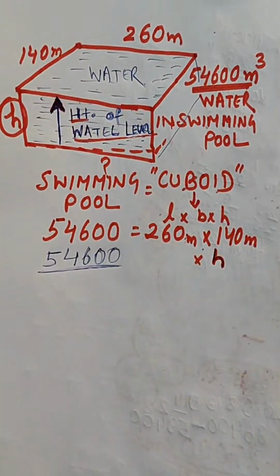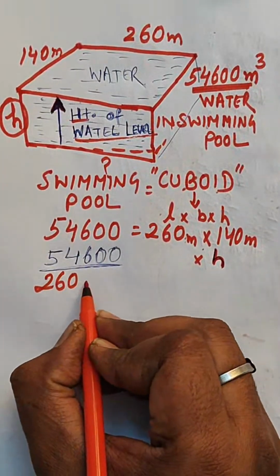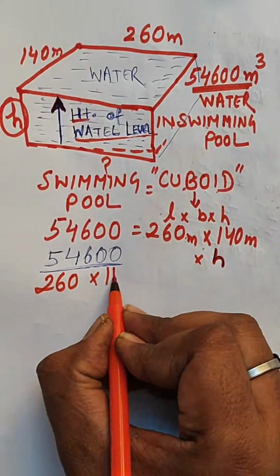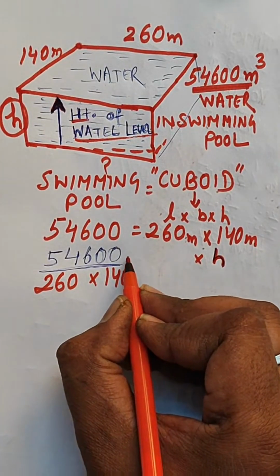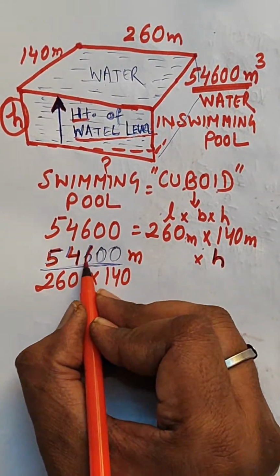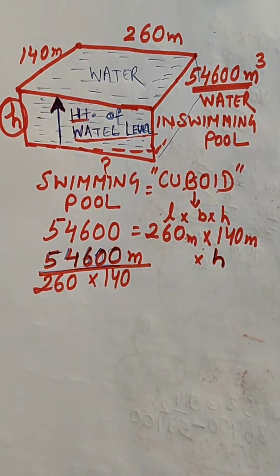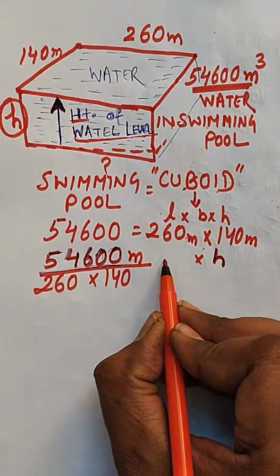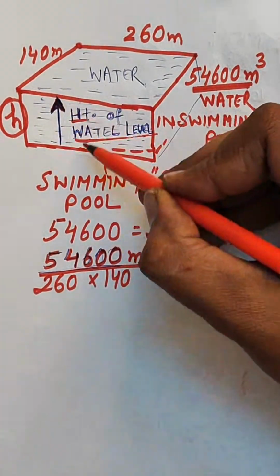So this will be 260 meter into 140 meter. The two meters will cancel with the meter cube of the numerator and only meter will be left, right? So 54600 divided by 260 into 140 will be the height of the water level.